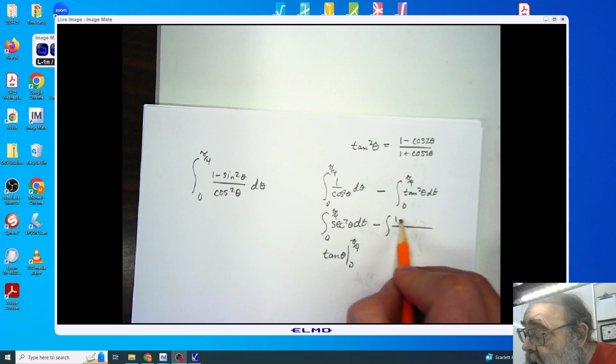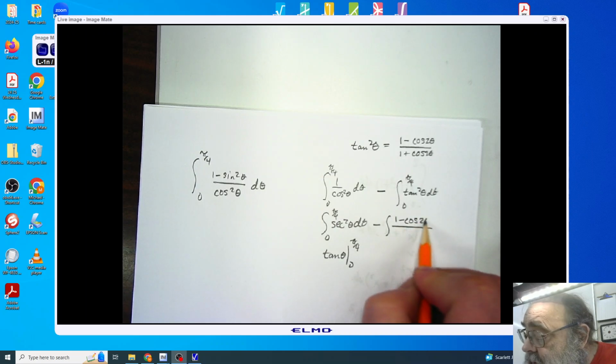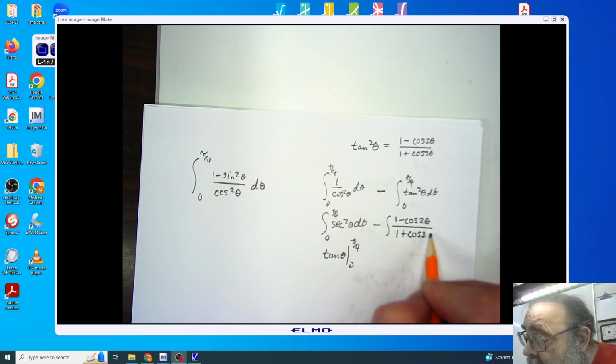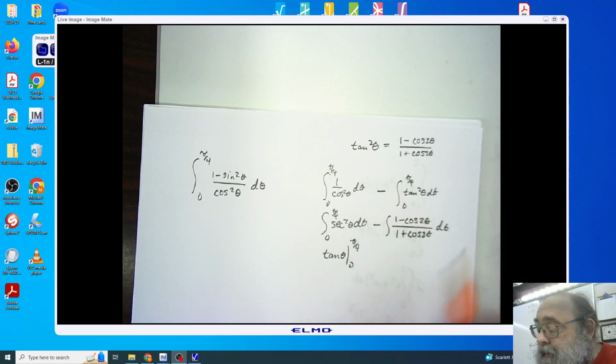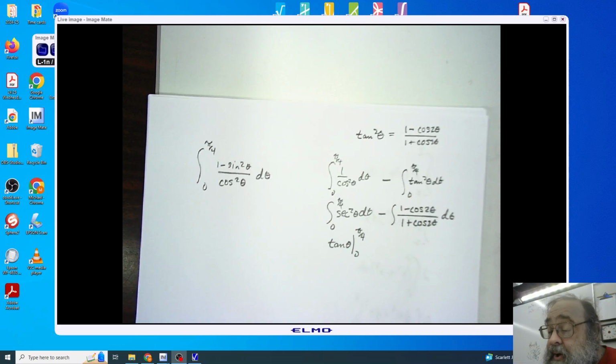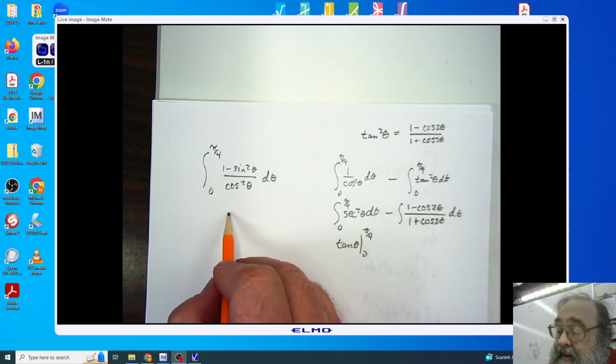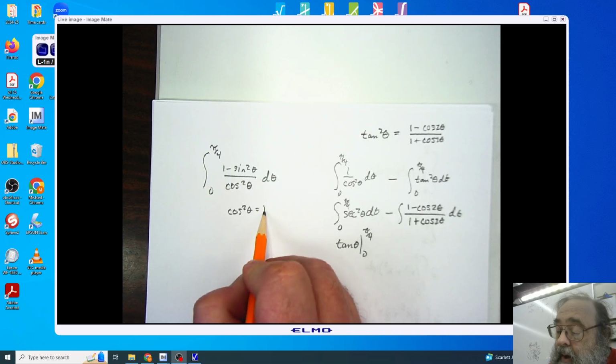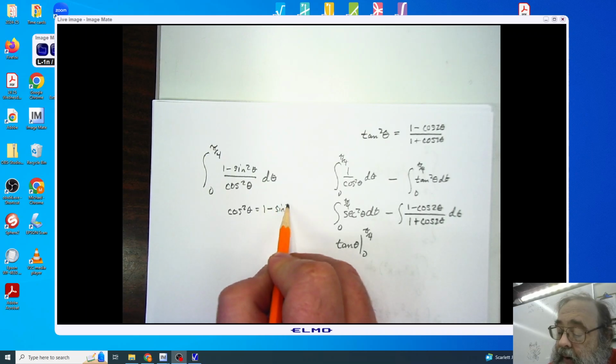Now you'll notice this is already starting to get more difficult. And what I want to just show you is that there is more than one way besides what I'm about to do. And what I plan on doing is using my identity that says that the cosine squared of theta is 1 minus sine squared theta.